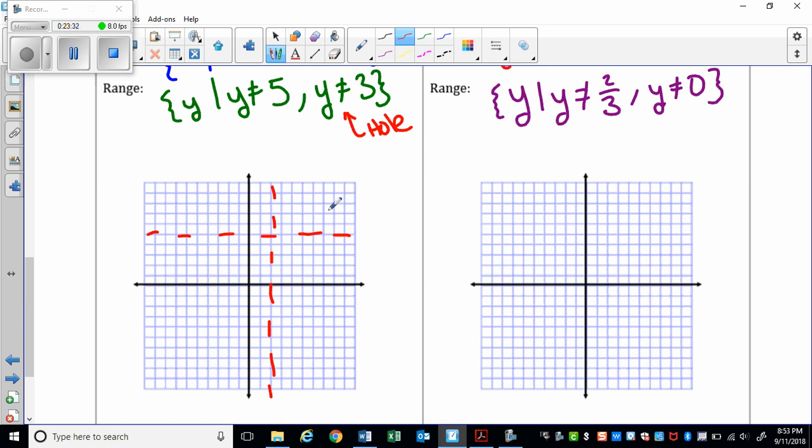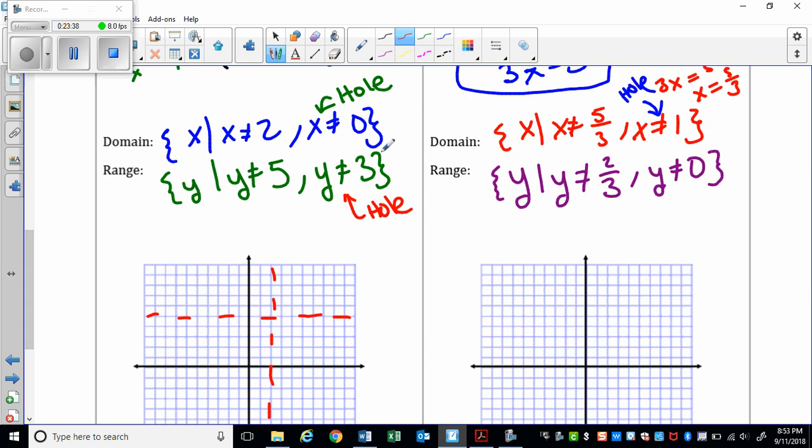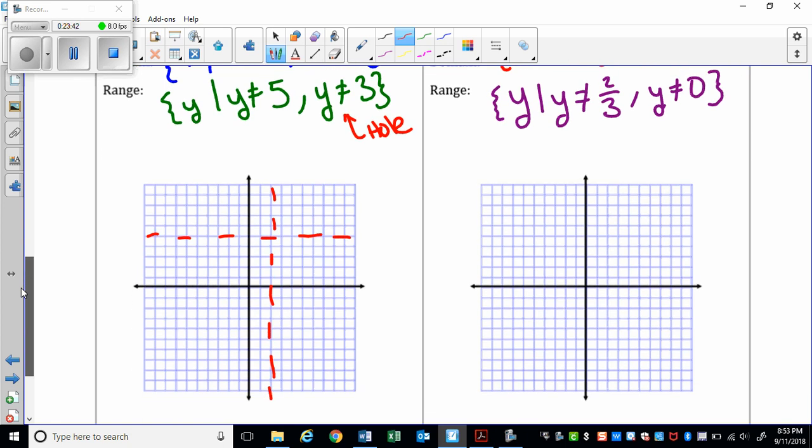And then it looks like there's a hole when x equals 0 and y equals 3. So a hole at 0, 3. So I'm going to draw that hole: 0, 1, 2, 3. Okay. And you know that our function kind of looks like this.